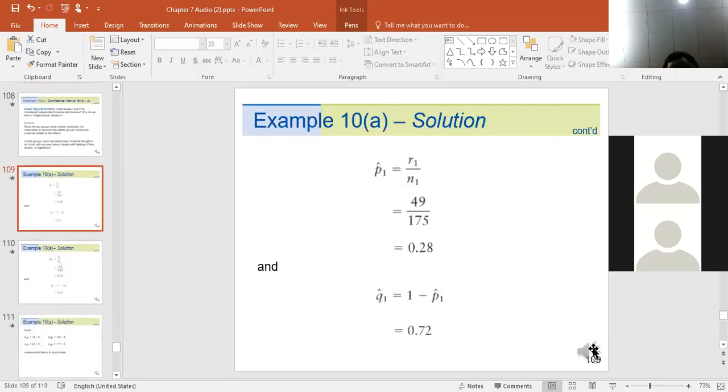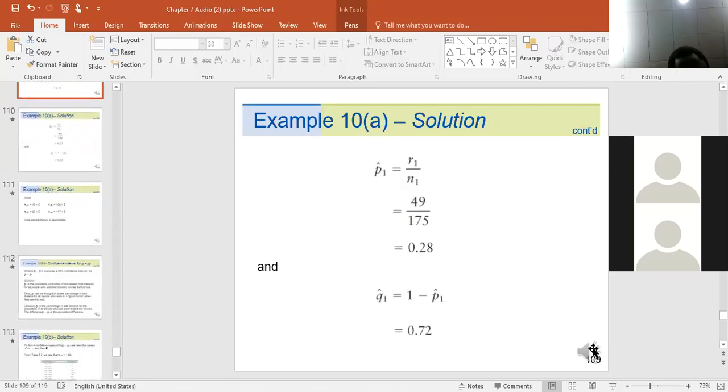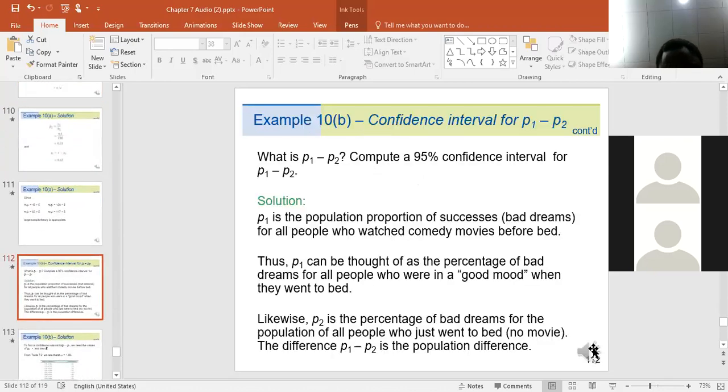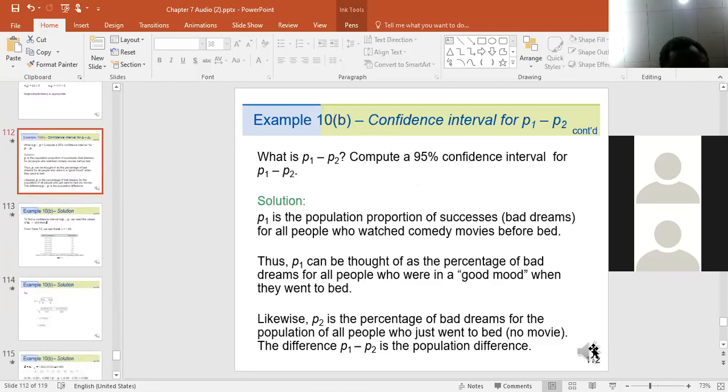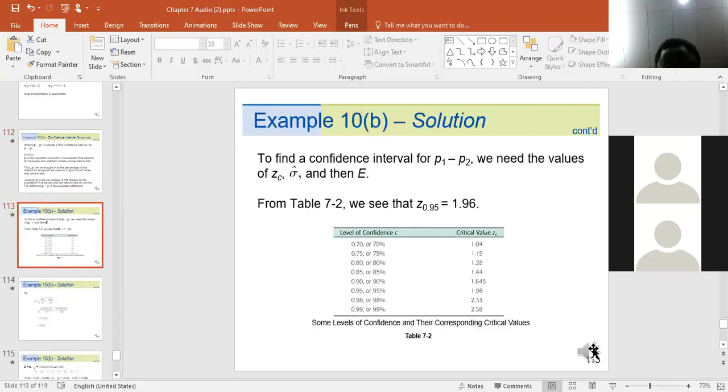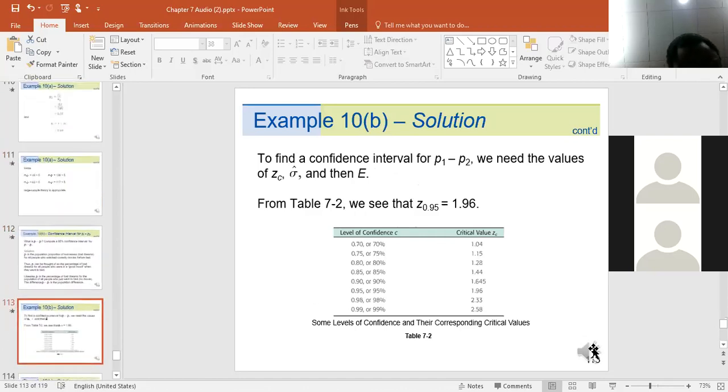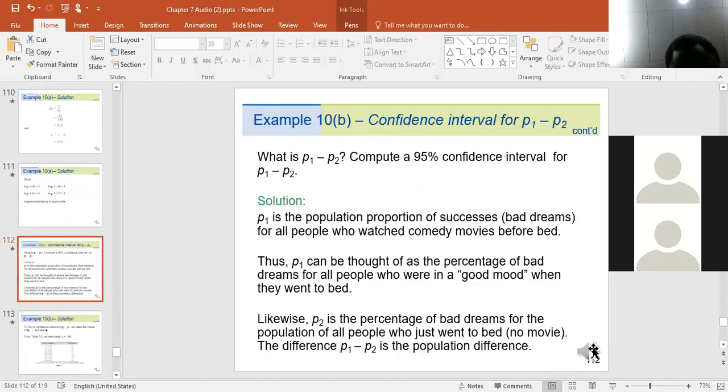So, we can use the calculator now. C is 95%. If you have a question about using your calculator, let me know.